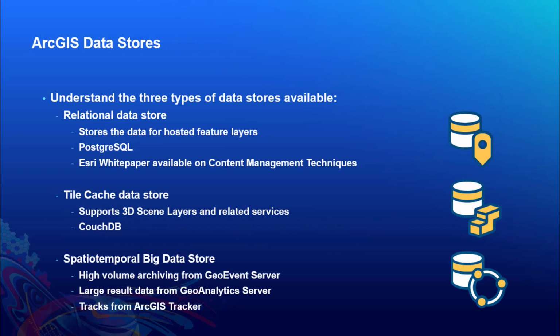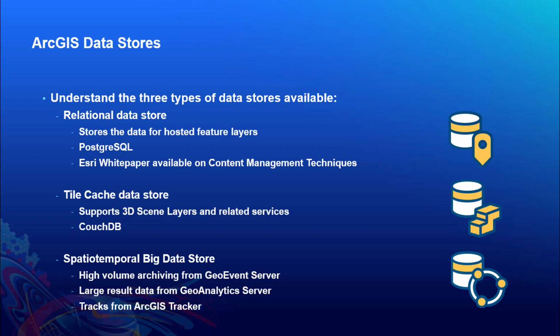So your ArcGIS data stores. There's 3: your relational, your tile cache, and your spatiotemporal. Your relational, as we said, is ArcGIS Server managed, used for hosted feature services, runs Postgres. There is a good Esri white paper available on content management techniques that covers strategies that you can use. Worth a read. We recommend it.